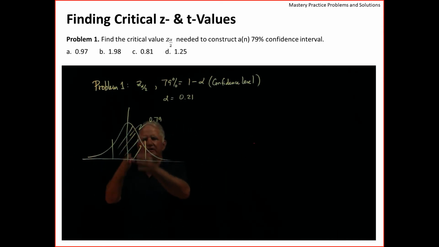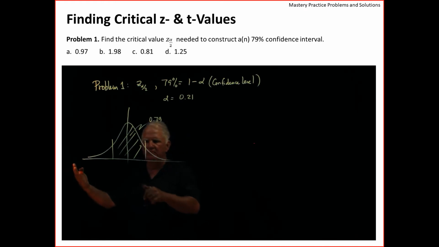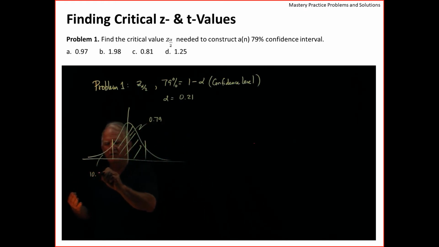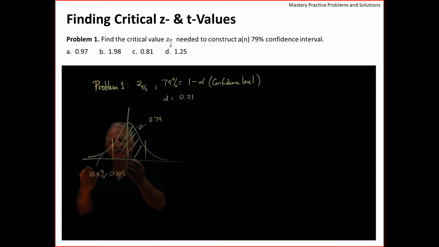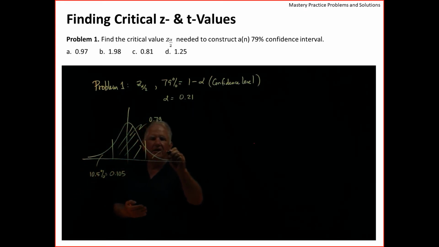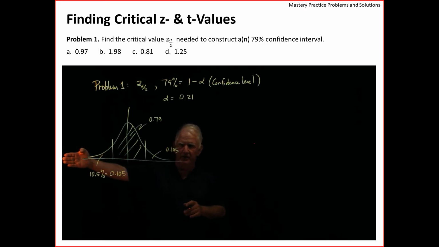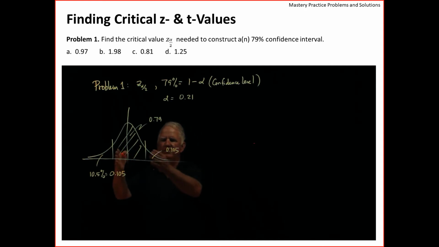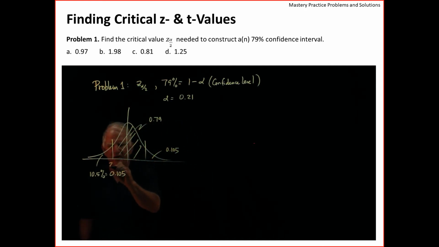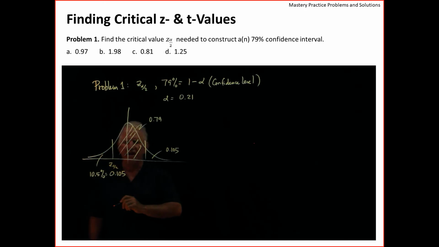And if indeed this thing is symmetric, then half of 21%, or 10.5%, or 0.105, falls over here, and another 0.105 falls over here. What this problem is asking you to do is to find the value which separates this area, from minus infinity up to this value, which contains 0.105, from the rest. And that is the value that we're looking for here, z alpha over 2.